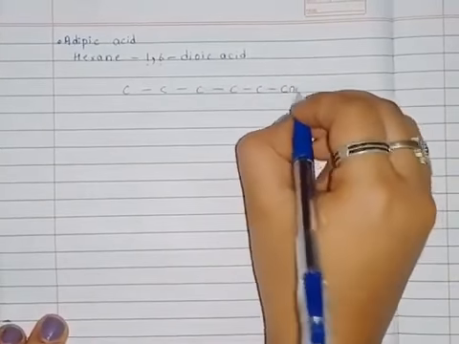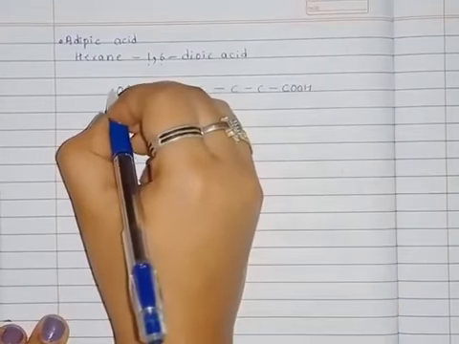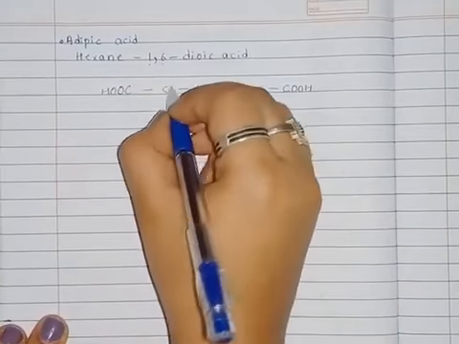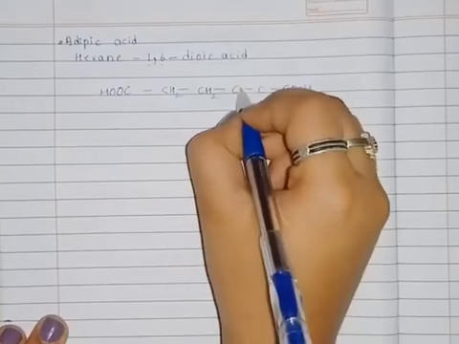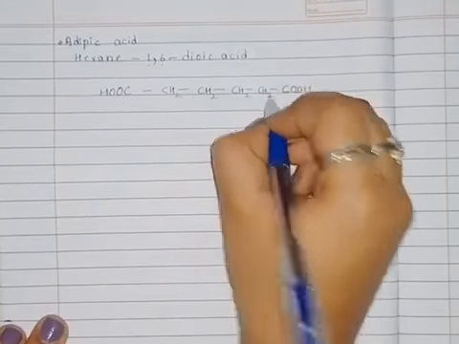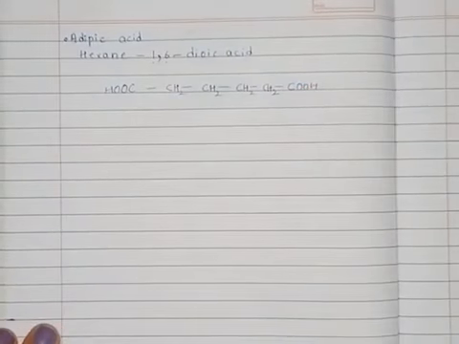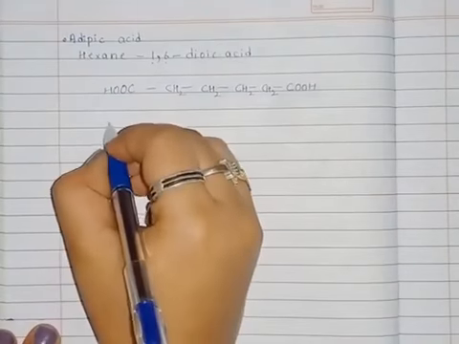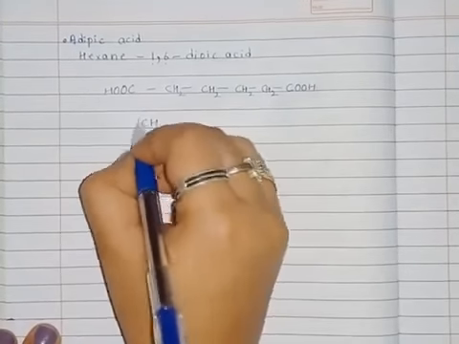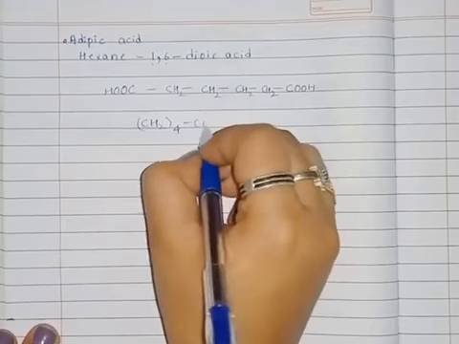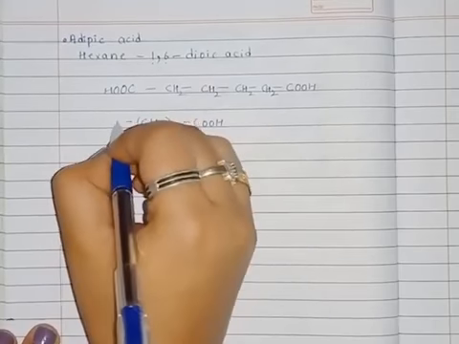Oic acid is COOH. Okay, and all other will have CH2. This is the structure of adipic acid or hexane 1,6 dioic acid. We can write this as CH2 4 times. On either side, COOH is attached.